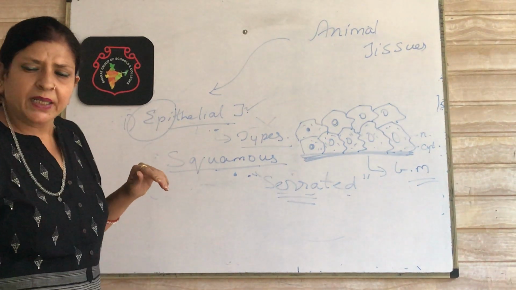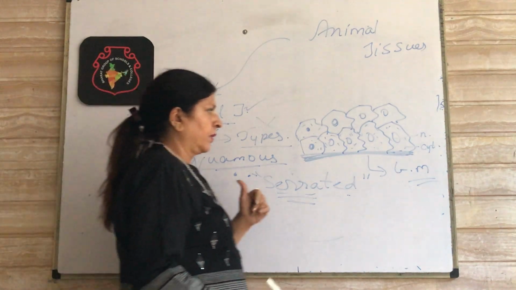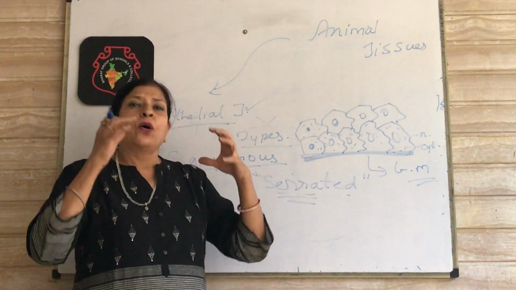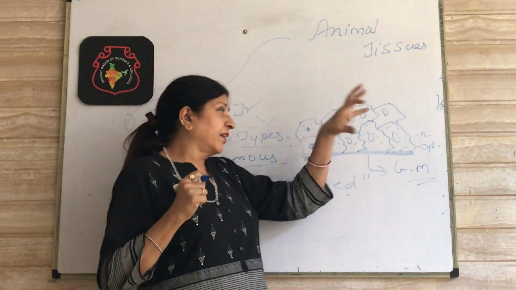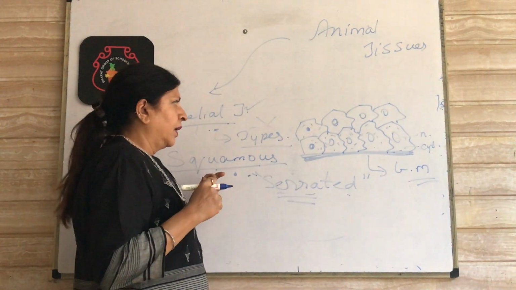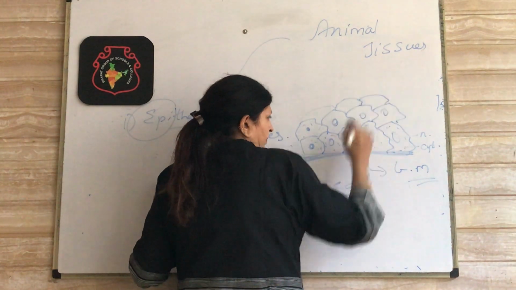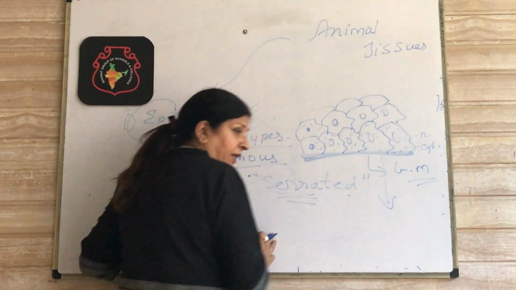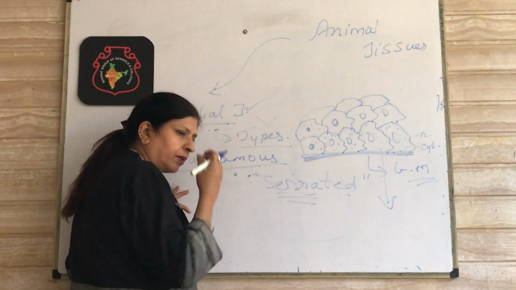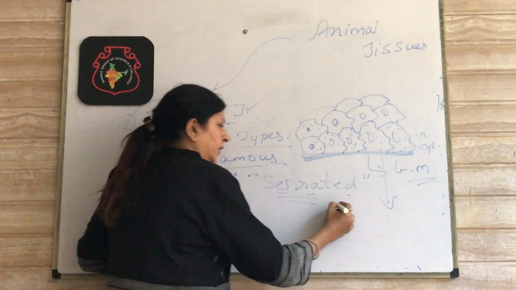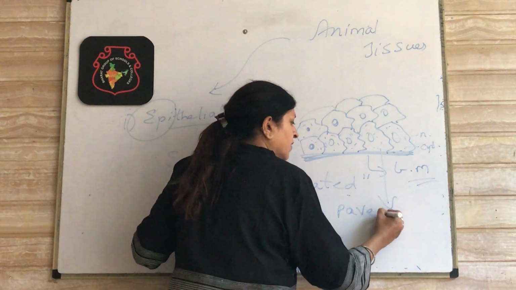This squamous epithelial tissue, since they are compactly packed, looks like tiles fitted on a footpath. You know, footpath is called pavement.